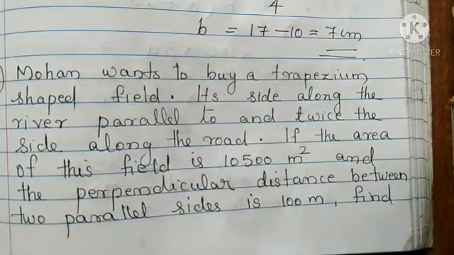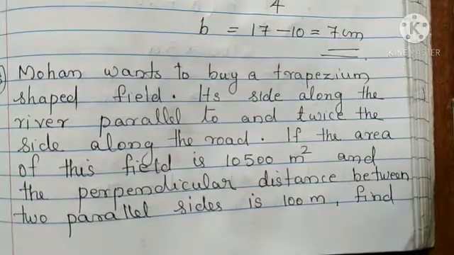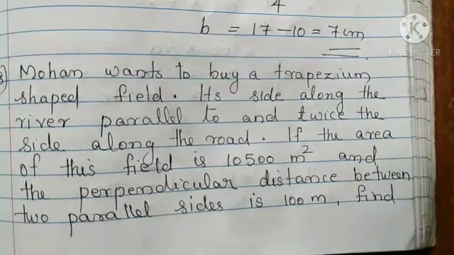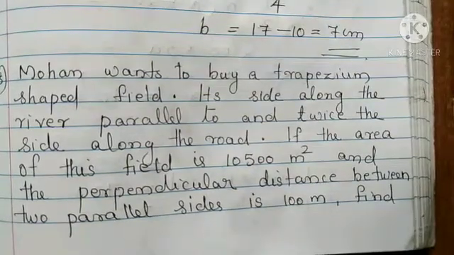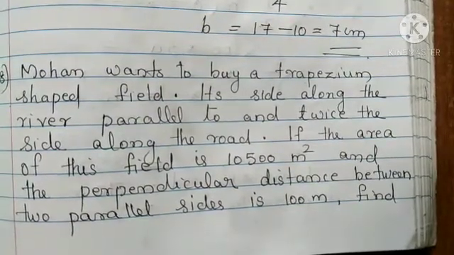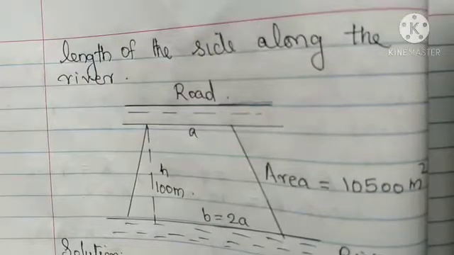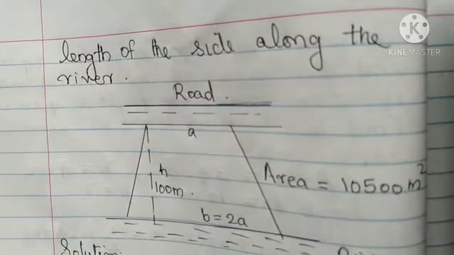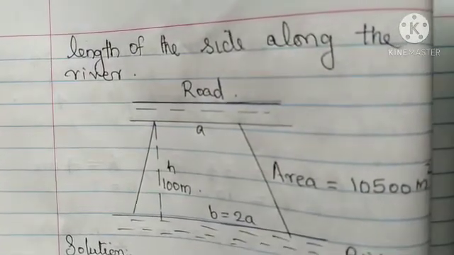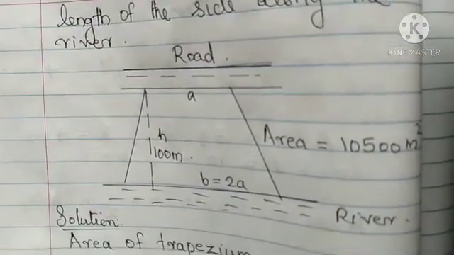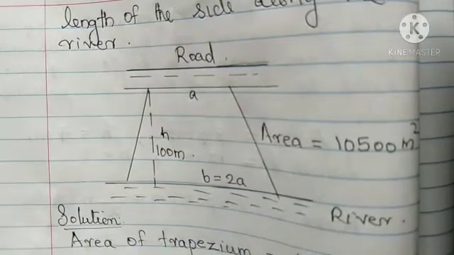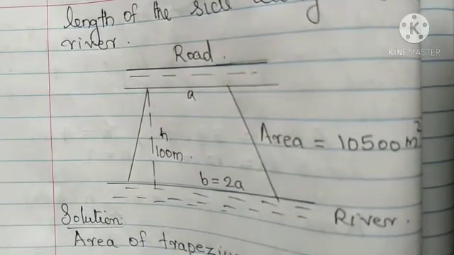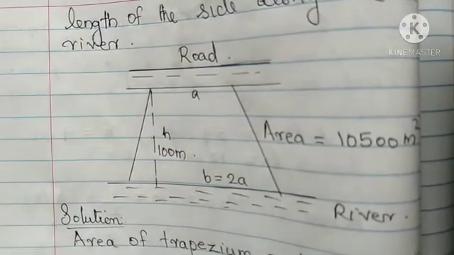If the area of this field is 10,500 meters square and the perpendicular distance between the two parallel sides is 100 meter, perpendicular distance h is 100 meter, find the length of the side along the river. One side is road, another side is river. You can see here. Then height is 100 meter, area 10,500 meters square.